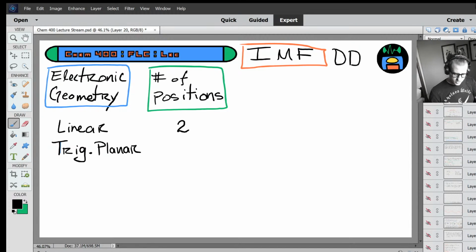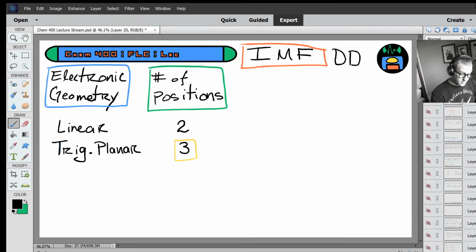All right, let's talk about trigonal planar. How many positions do we have? 3. All right. So if you have the same thing on every position, then you're going to be nonpolar.